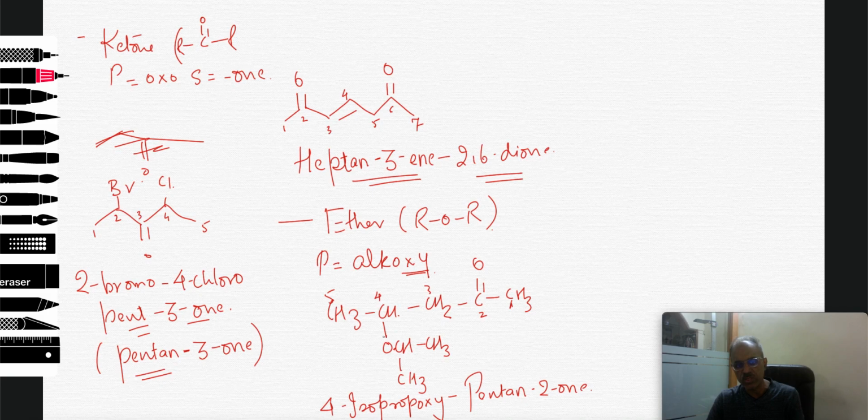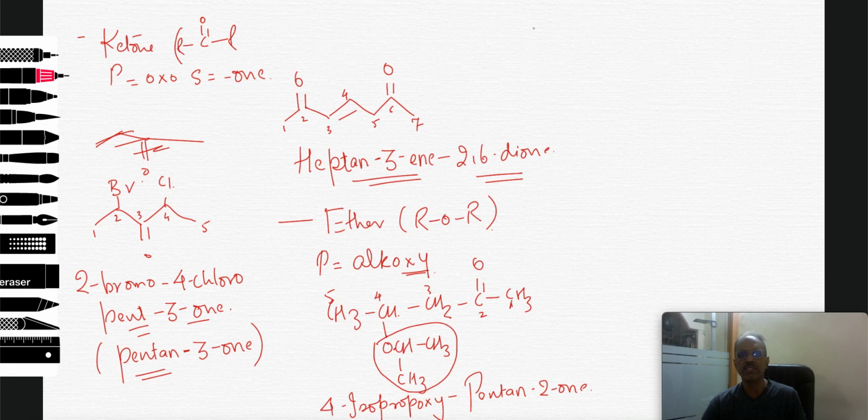So this whole part becomes isopropoxy. Fine. Isopropoxy. If you see the previous lecture, in that I have told you that CH, from one side it is CH3 and the other side also it is CH3, right? And this is bonded to something. So this is known as isopropyl, so isopropoxy.